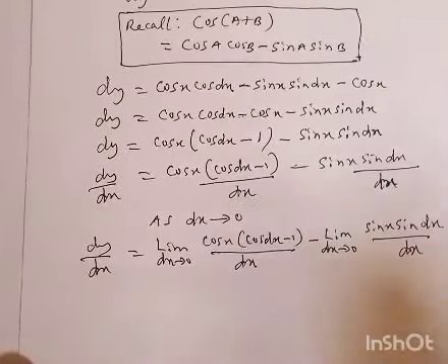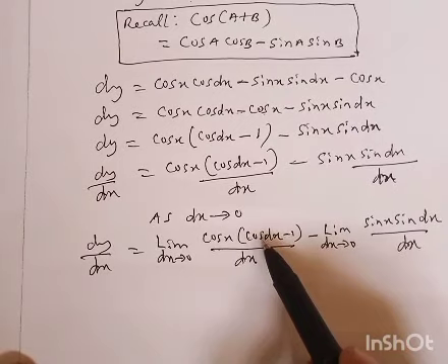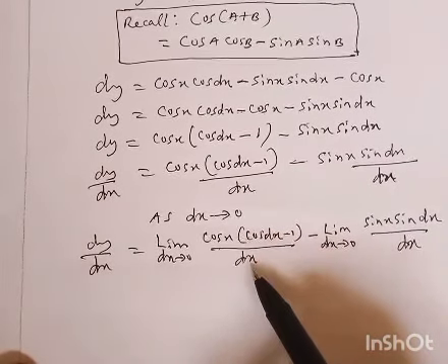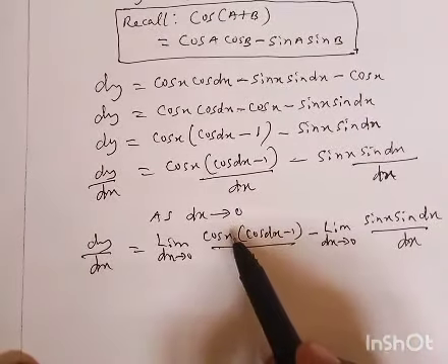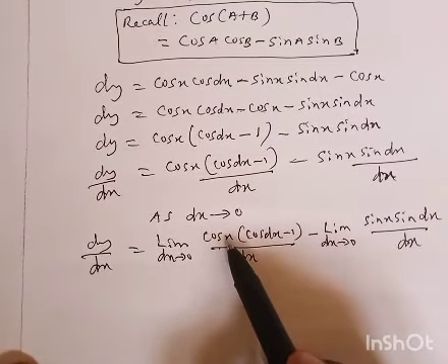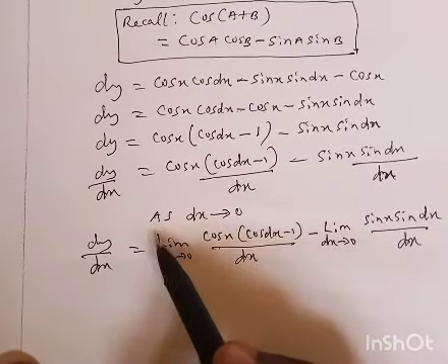Now you can factor out, because cos x is constant here, you take it out.